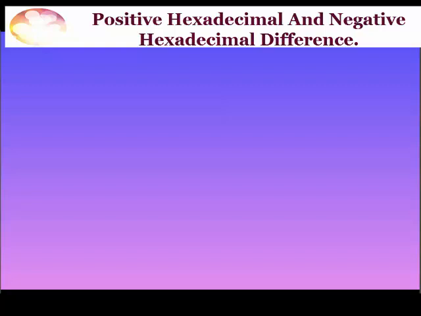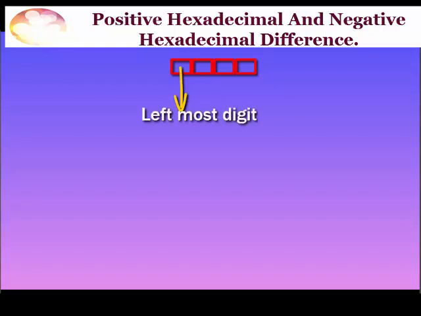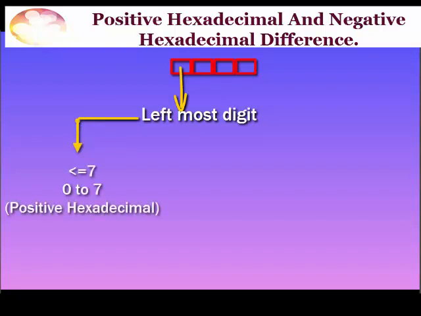For this purpose, you need to look at the leftmost digit of a hexadecimal number. That actually defines whether a hexadecimal number is positive or negative. If the leftmost digit is less than or equal to 7, meaning it starts with a digit in the range from 0 to 7, then the hexadecimal number is positive.